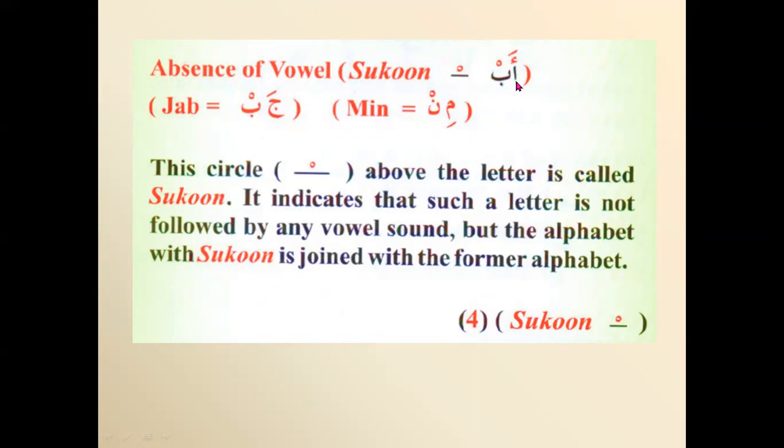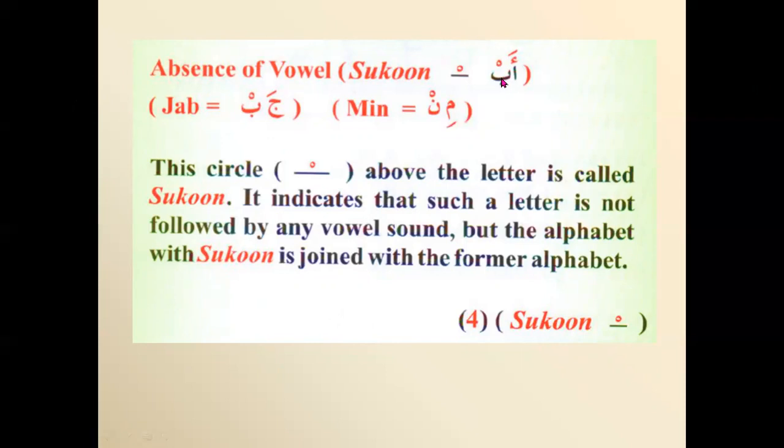So how do we read this one? Hamza fatha and then ba sukun, ab. So this now is ab. And mim kasra nun, how do we read? Min. And then jim fatha ba sukun, jab. So this is how the sukun functions.